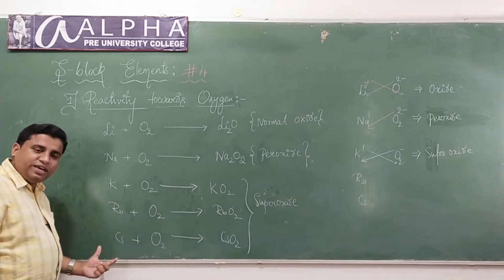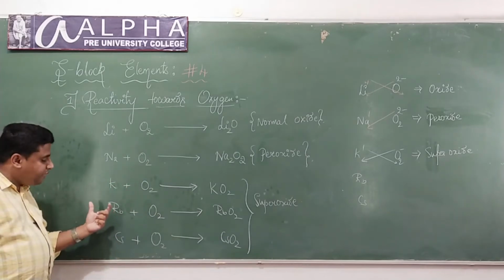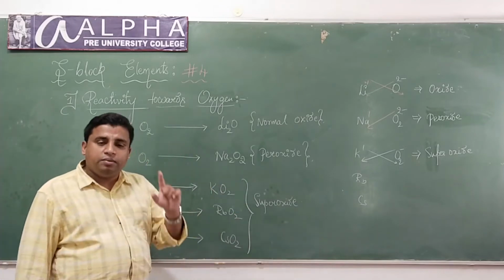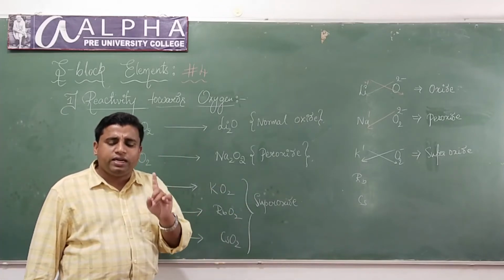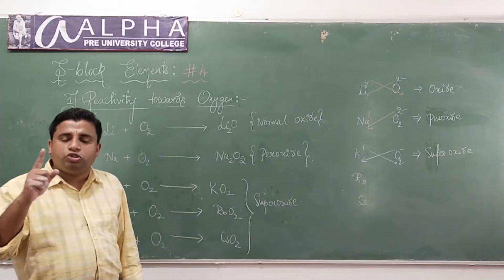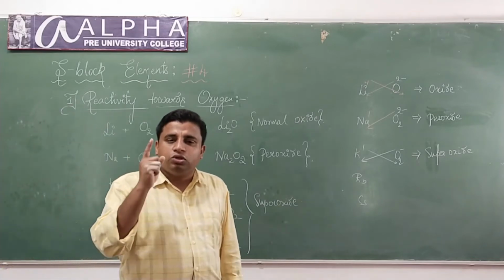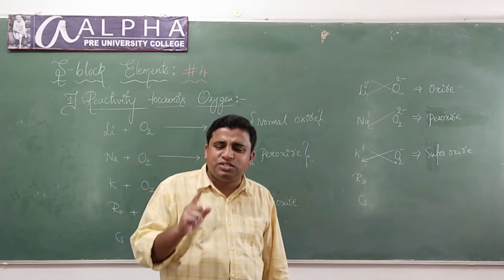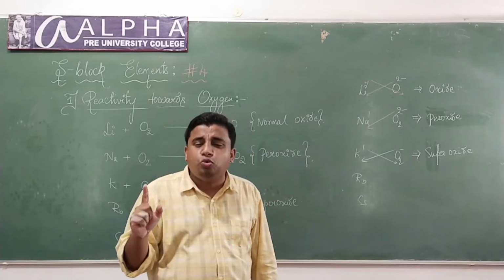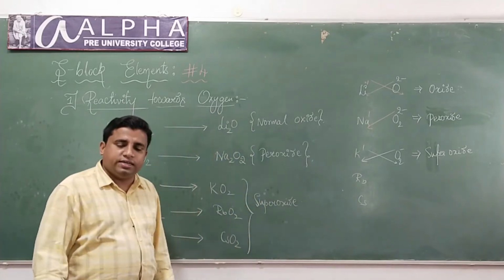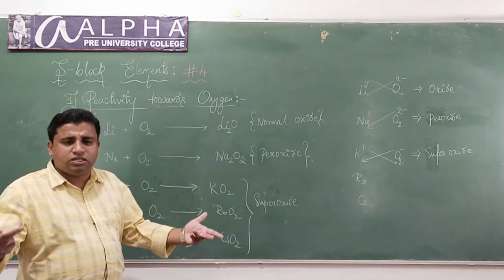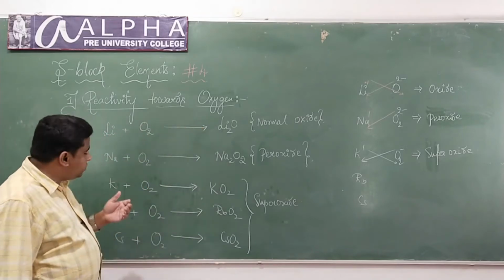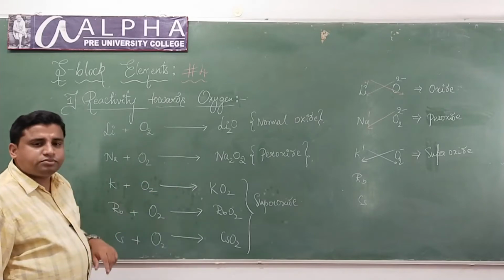The next three elements, potassium, rubidium and cesium, form superoxides. Point to be noted, very important. Lithium with oxygen, normal oxide. Sodium with oxygen, peroxide. Potassium, rubidium, cesium with oxygen, superoxides. Any doubts? Just this, nothing else.